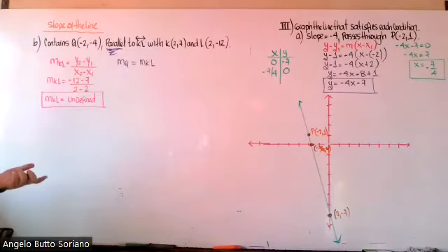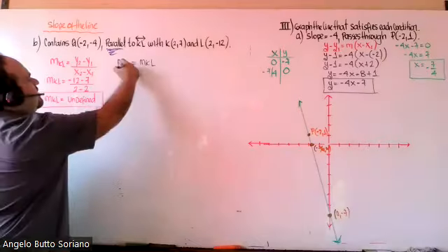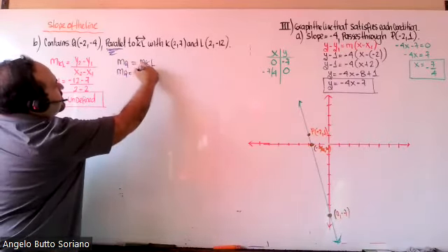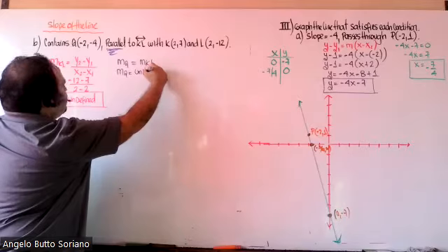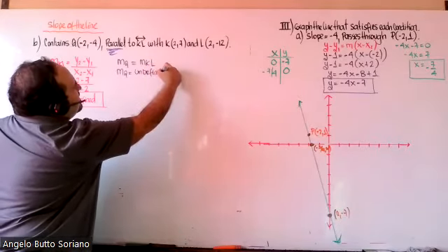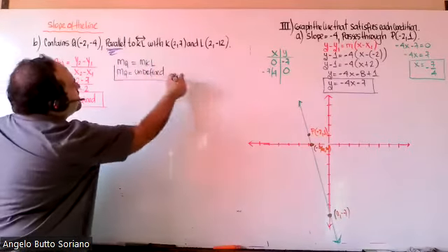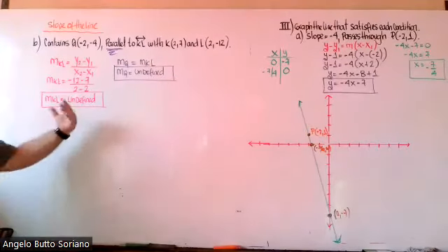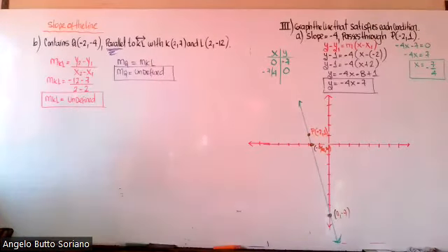Because those lines are parallel, we can conclude that the slope of Q will also be undefined. Remember, when there's no slope on the line, the graph will be a vertical line.